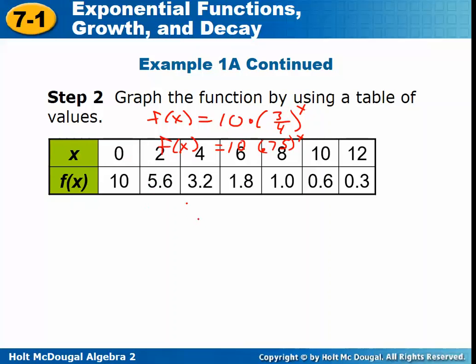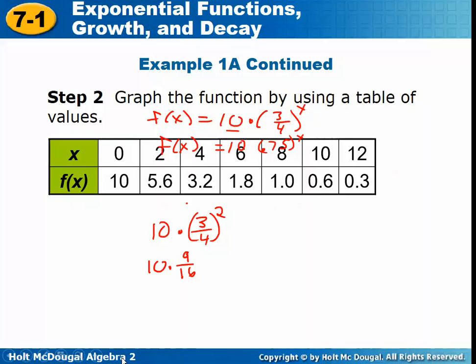For the second one, you would take 3/4 to the second power and then multiply that answer by 10. So 3/4 to the second power is the same as 9/16, and 10 times 9/16 simplifies to 5.6. So make sure that you are raising the base to the exponent before you multiply by the constant in front. That's very important. So here's the values all calculated out for us.